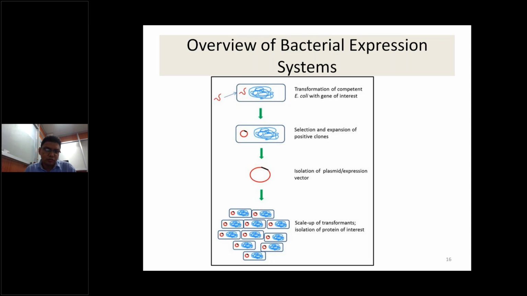So it has to be sequenced and checked here itself at the second point. Once you select it and identify the positive clone, you sequence it. Once that step is done, you then scale up the transformation and isolate the protein of interest. So you isolate the protein and you go ahead with the downstream processes.